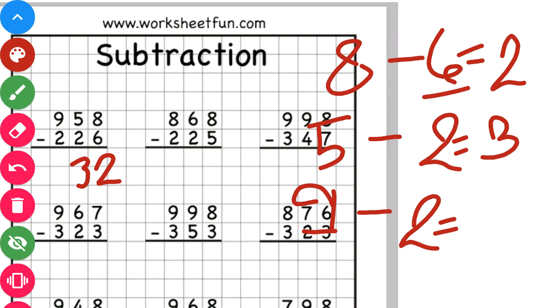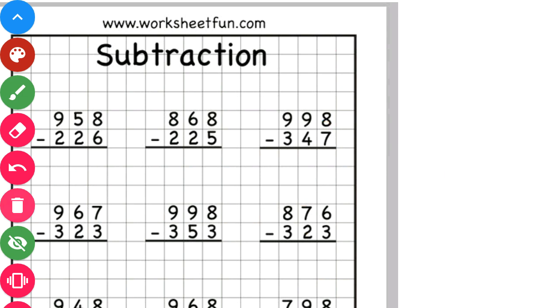Count after 2: 3, 4, 5, 6, 7, 8, 9. After how many steps? 7 steps. So our answer will be 732. Okay. Now, moving toward the next question, we will do this question.